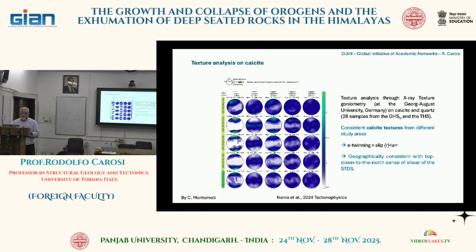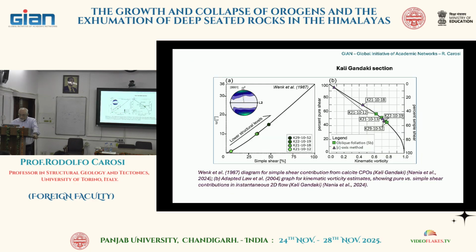It is not easy and I cannot explain because I need 1 week more to explain this complex. But anyway, there is a paper, Nania and others 2014 in Tectonophysics and 2022 in Journal of Structural Geology, that explain very well this kind of work.